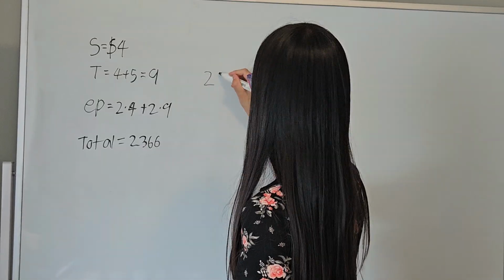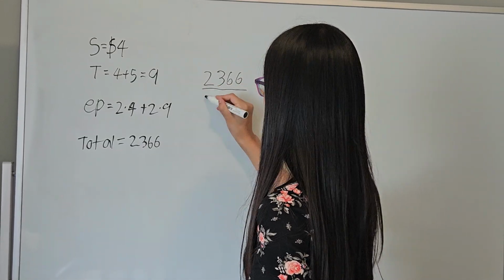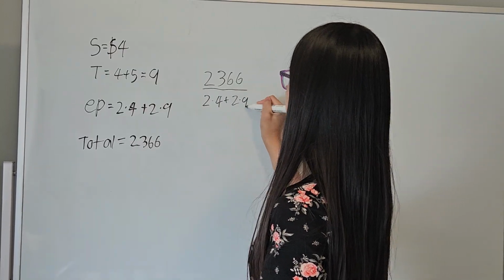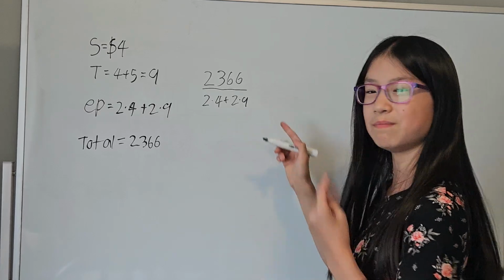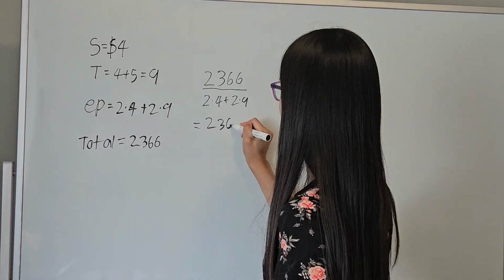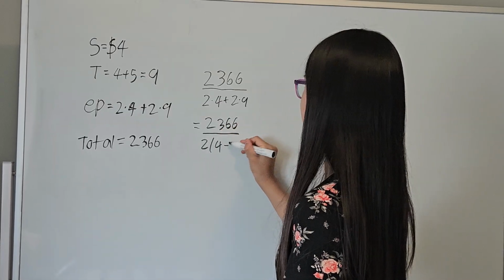So we have 2,366 divided by 2 times 4 plus 2 times 9. We can factor out the 2 to simplify it. So then it equals 2,366 over 2 bracket 4 plus 9.